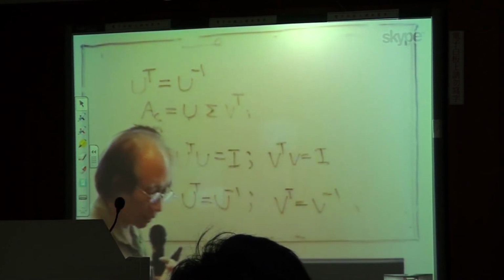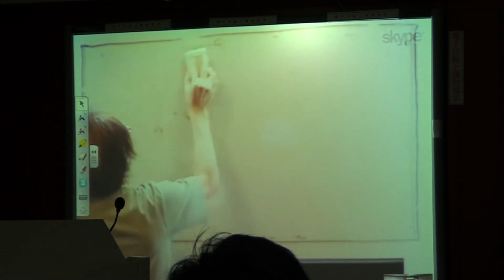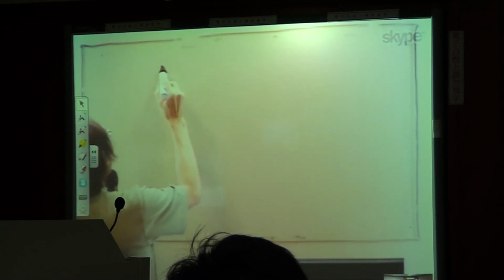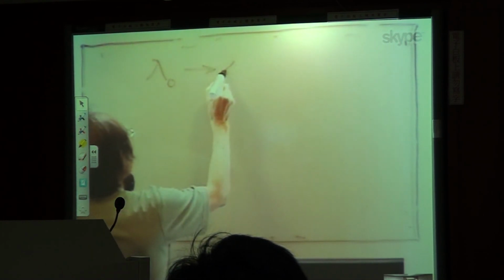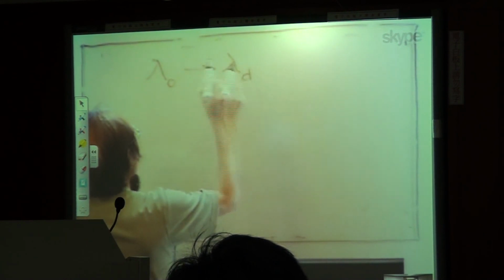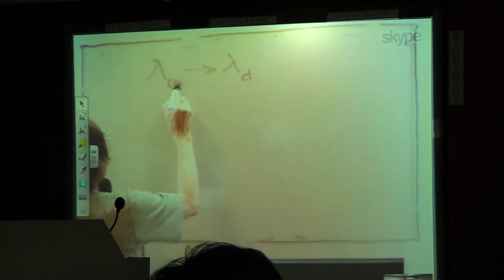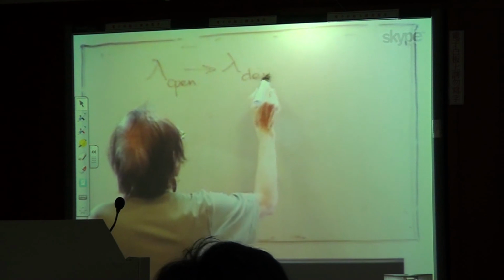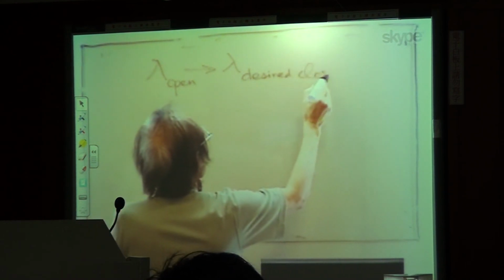When you do the pole placement technique, we move eigenvalues. We move the open loop eigenvalues to the desired closed loop eigenvalues.